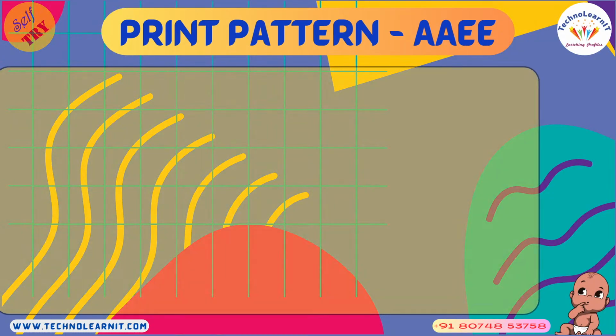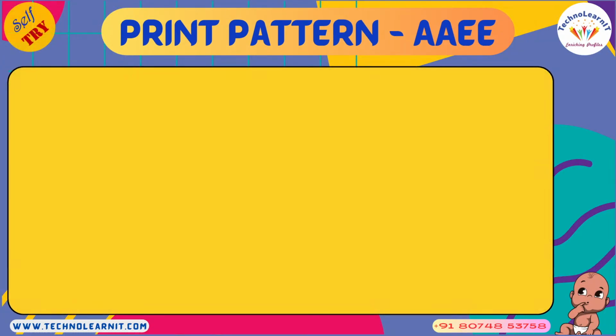Quite simple. I hope these patterns seem to be simpler and easier as and when you look at more and more examples. That is why I am giving you so many examples so that you will become comfortable. Then only I will jump on to the triangles, diamonds, rectangles, and squares. All right.